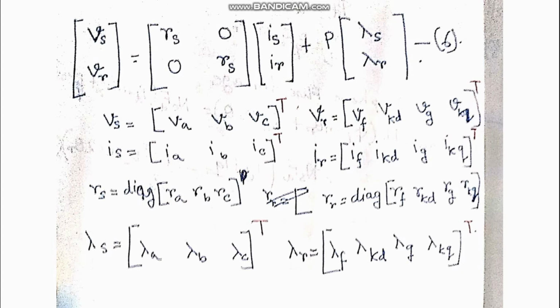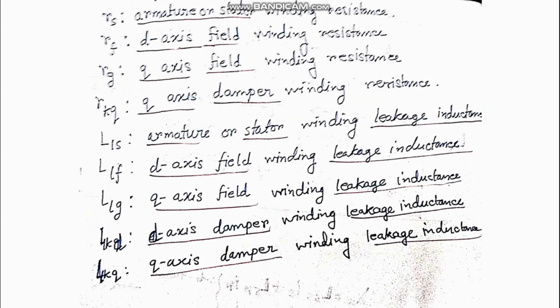Okay, now here RS is armature or stator winding resistance, RF is D-axis field winding resistance, RG is Q-axis field winding resistance, RKQ is Q-axis damper winding resistance, and RKD is D-axis damper winding resistance.